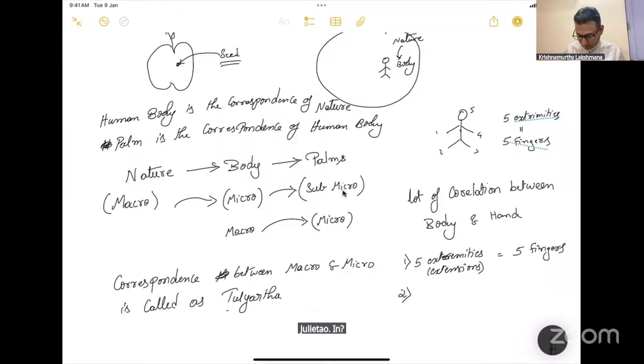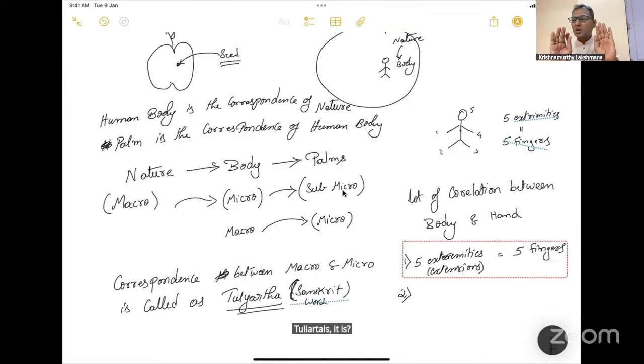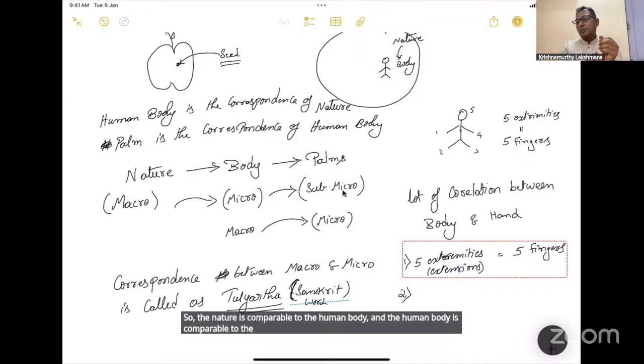It is a Sanskrit word. Tulyartha is resembling each other, or it is comparable between each other. Okay. So the nature is comparable to the human body, and the human body is comparable to the palms.